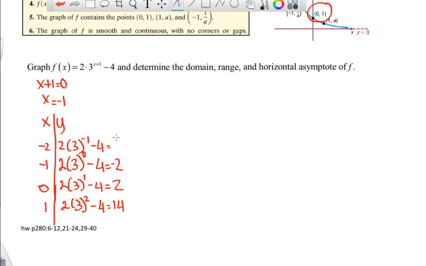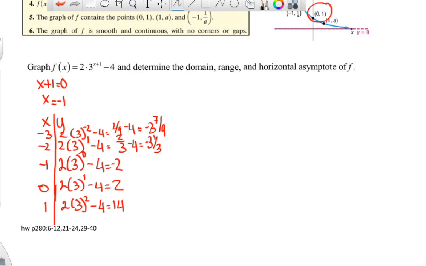So that is 2/3 minus 4, which is a negative 3 1/3. And then negative 3, 2 to the power of negative 2 minus 4. So that's 2 over 9 minus 4. That would be a negative 3 7 over 9.